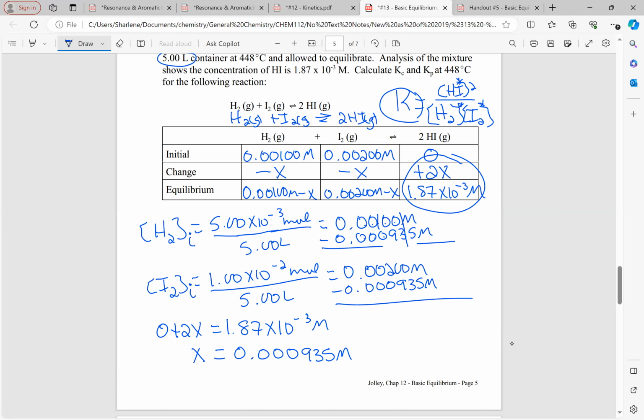All right, let's plug those in. And 0.001, this value comes up 1, 2, 3, 4. And the bottom one comes up 1, 2, 1, 0, 6, 5.